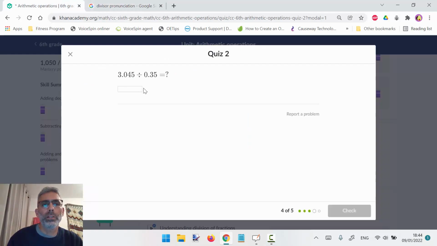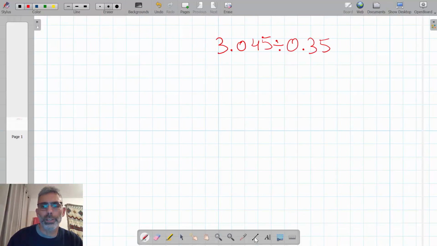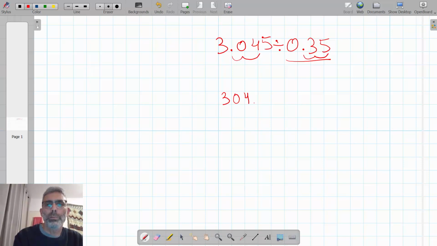Okay. So let's go back. The divisor needs to be a whole number. So I shift the decimal point 2 places to the right, and I do the same thing here. So I rewrite the problem as 304.5 divided by 35.